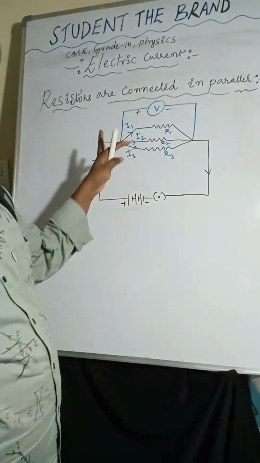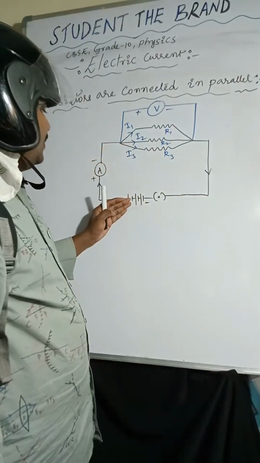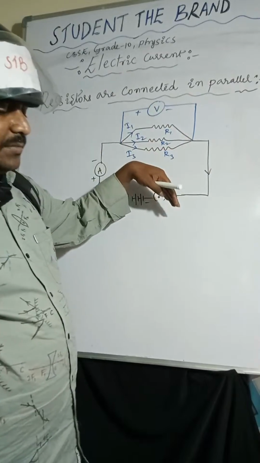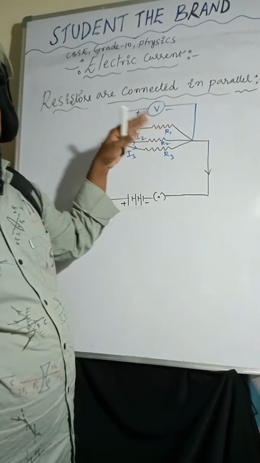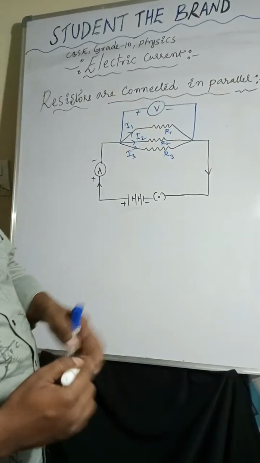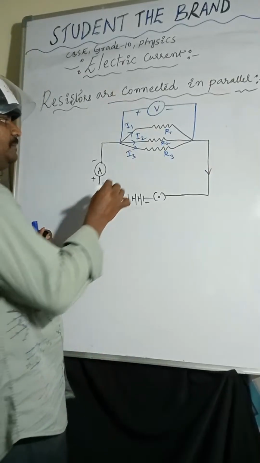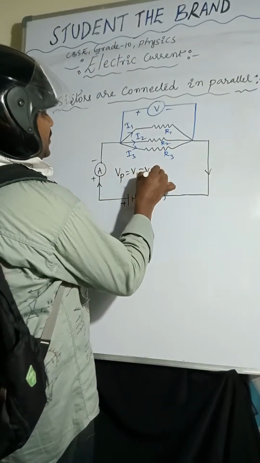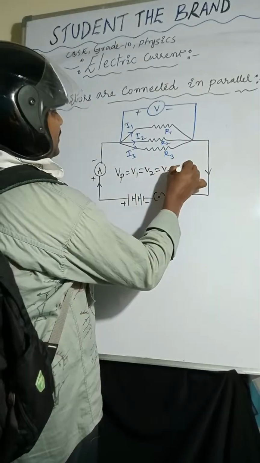The current is dividing, flowing from the positive terminal to the negative terminal. In parallel combination, the potential difference is the same, that is Vp equal to V1 equal to V2 equal to V3 equal to V.